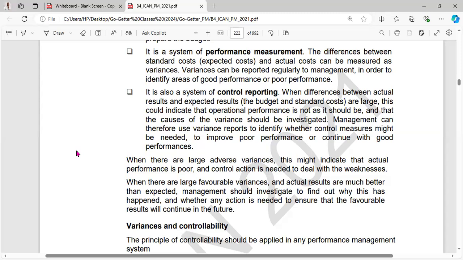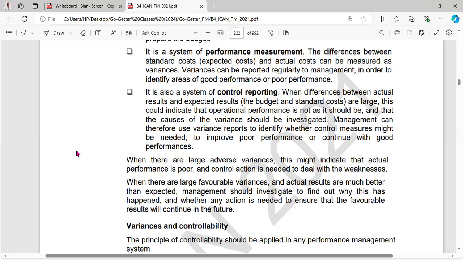We'll come to see that when there are large favorable variances, so it means instead of paying 20,000 for the shoe, they are asked to pay 15 or maybe 12, management should investigate to find out why this has happened and whether any action is needed to ensure that the favorable results will continue in the future.